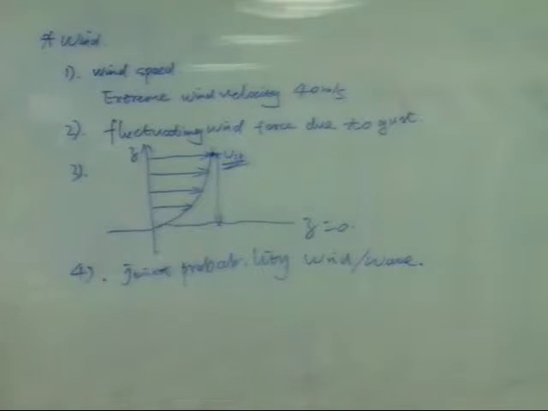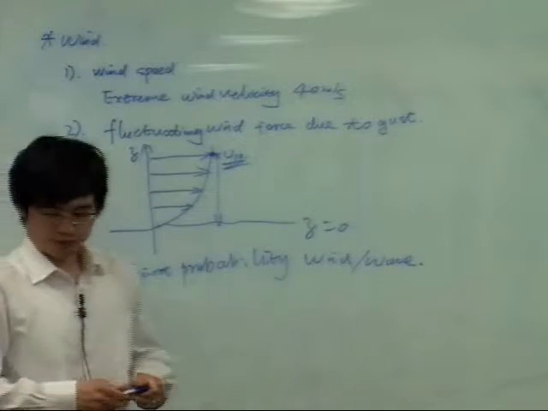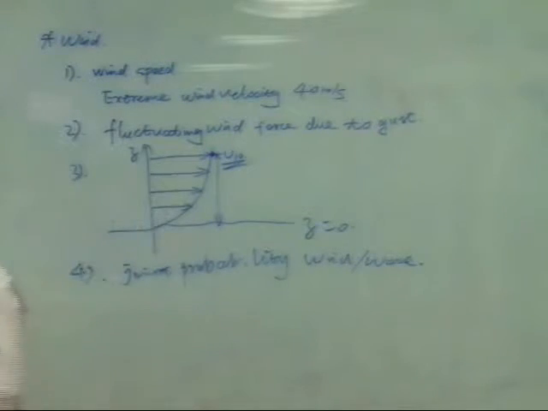It's like, for 10 meters per second wind blowing for 2 hours, what is the most possible significant wave height, the wave spectra, things like that. This is a general introduction to the current and wind.